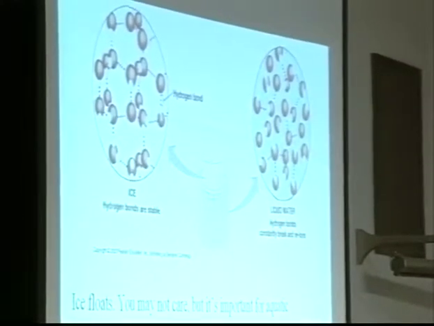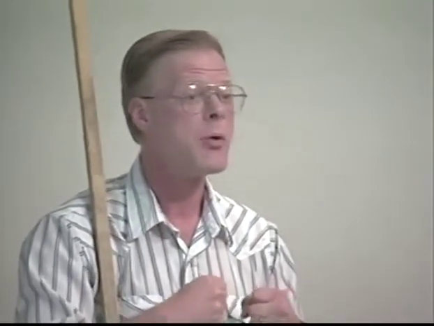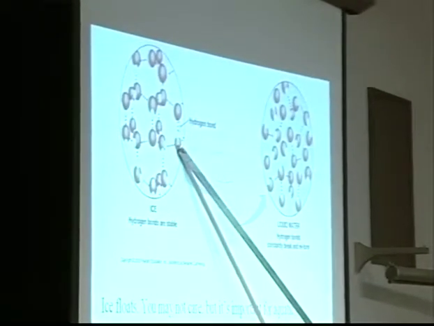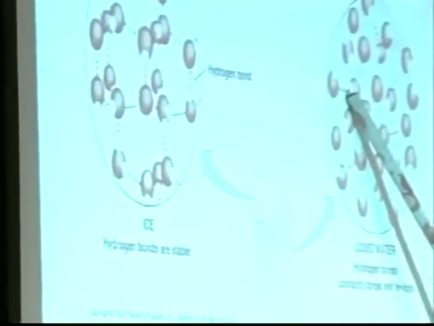As you slow them down, as you remove heat from that system, and as those molecules start to slow down, those bonds last for a longer and longer period of time, to the point at which they become stable. They don't break. When they become stable, they establish a regular distance between water molecules, which is greater than the distance established when the water is liquid.